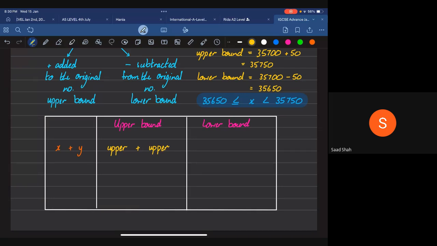Is this clear, guys? And same case scenario for lower bound as well. If two things are adding together, and the question asks you to find the lower bound for them, you can just simply calculate the lower bound for both of them individually, and then just add them together.